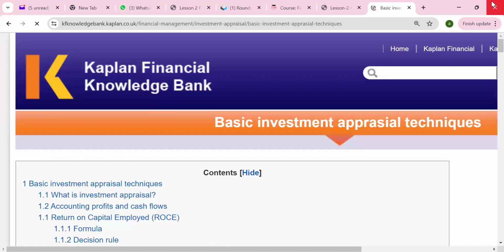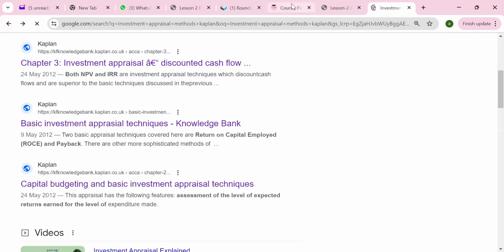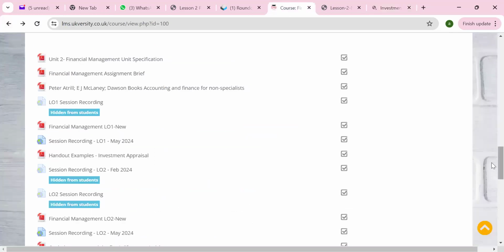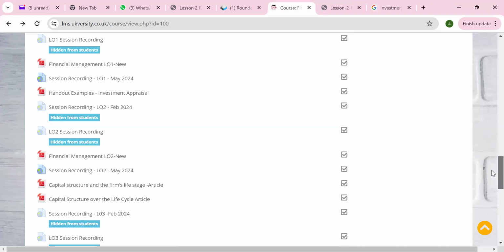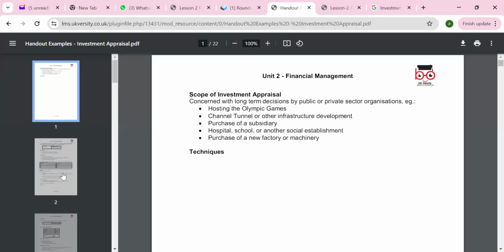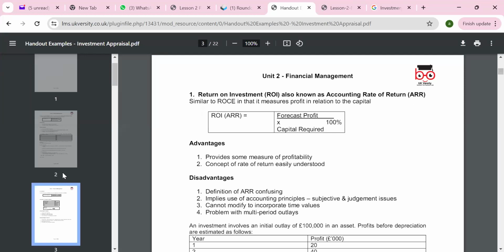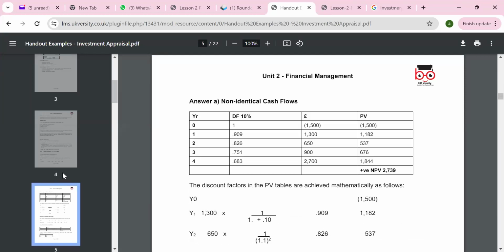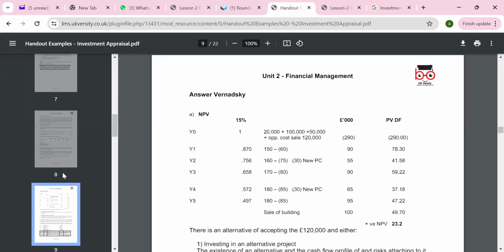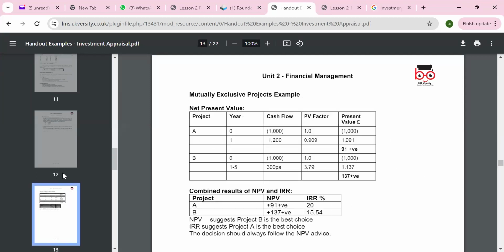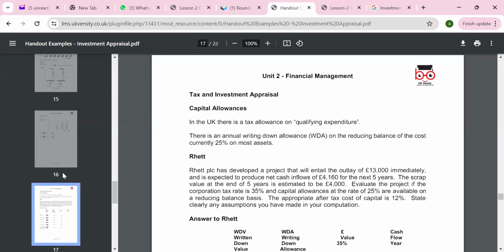If you go back to LO1, you have the recording and handout examples of LO1, which are quite good to use. You can pick the examples from there. You've been given a lot of case studies, and these examples can be used for your assignment purposes.